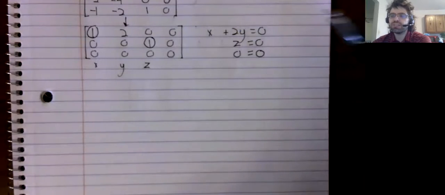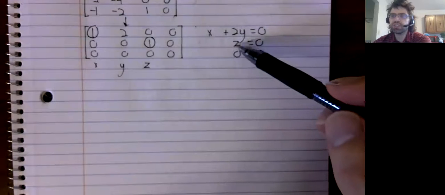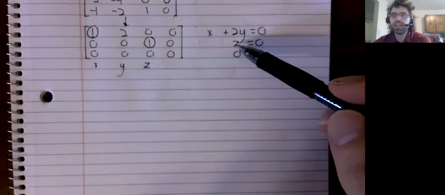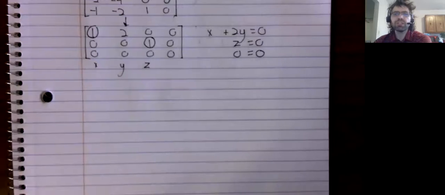Also notice, each basic variable does appear in one equation. So we have as many equations as we have basic variables.